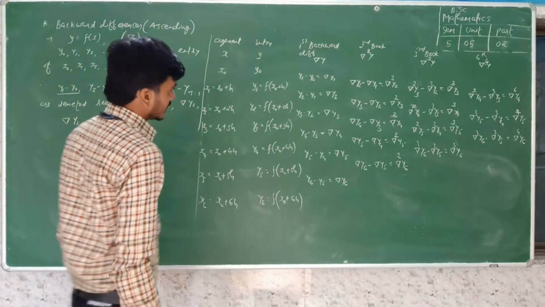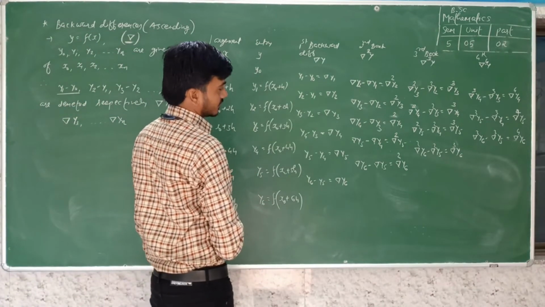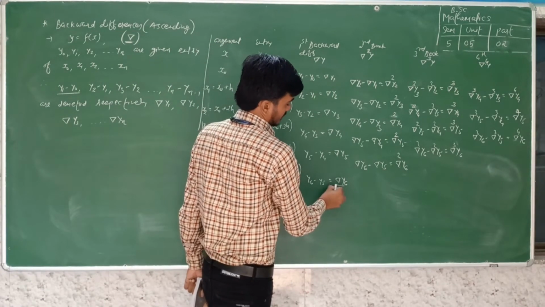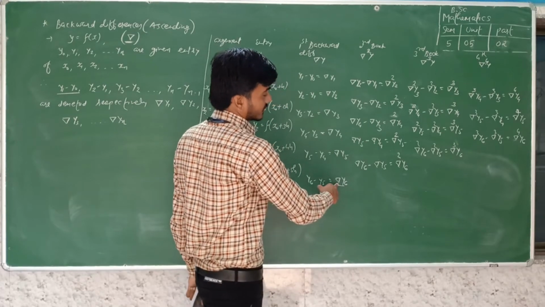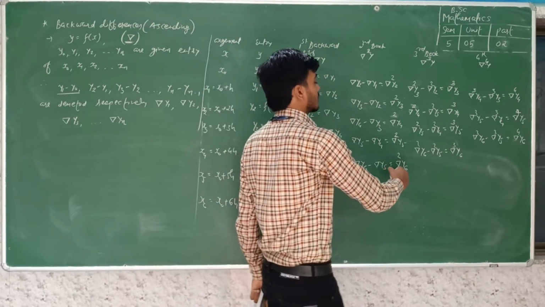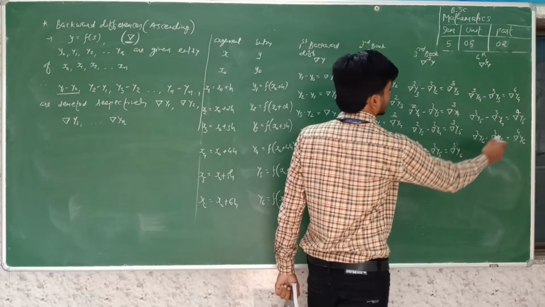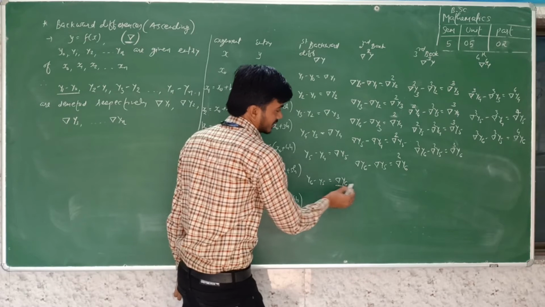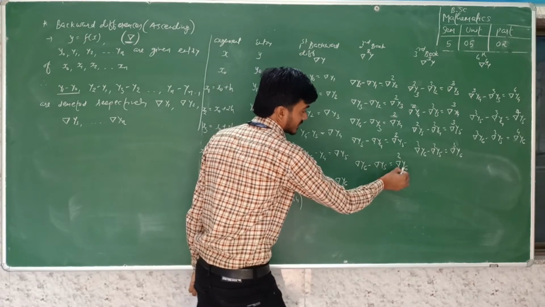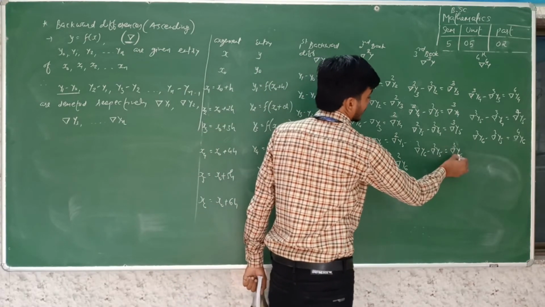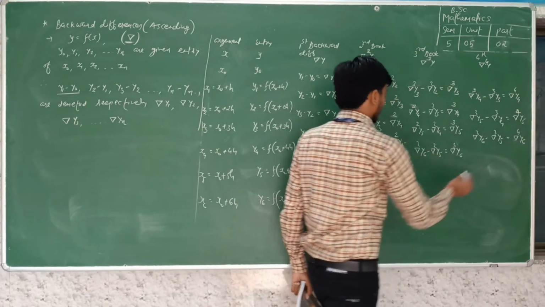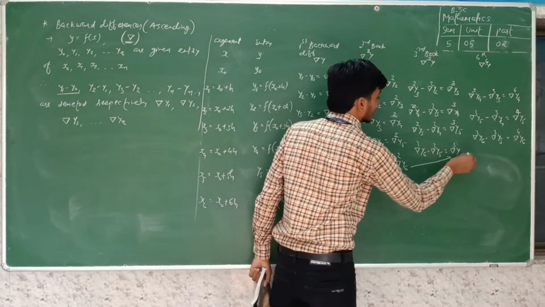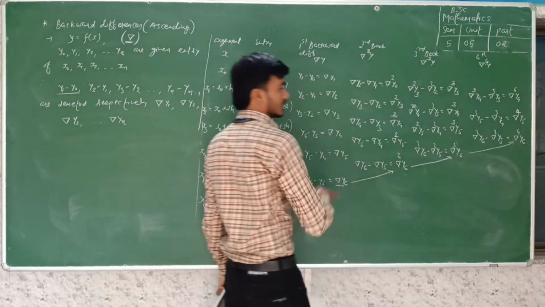So in this table we see the first backward differences, second backward differences, third backward differences, and fourth backward differences. You can see the first, second, third, and fourth backward differences of y6, so they increase in ascending order.